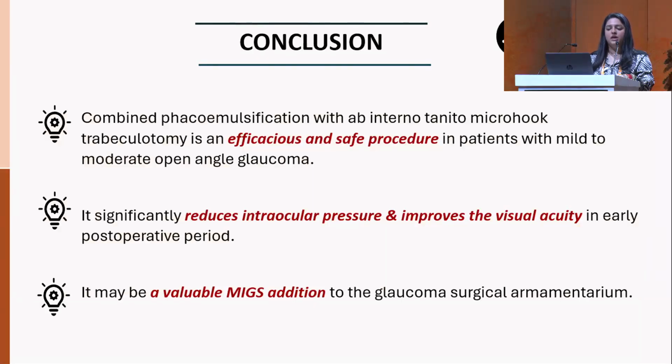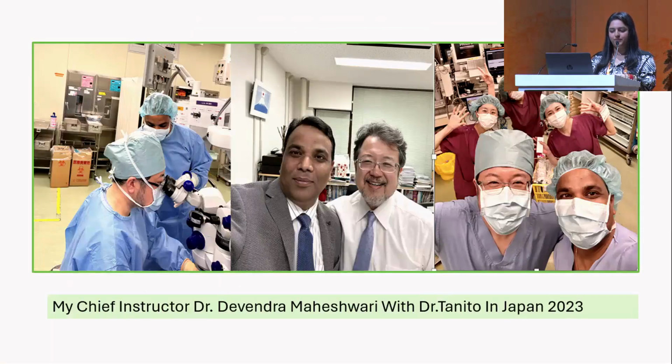To conclude, combined phacoemulsification with ab interno microtrabeculotomy is an efficacious and safe procedure in patients with mild to moderate open-angle glaucoma. It significantly reduces intraocular pressure and improves visual acuity in the early postoperative period. It may be a valuable MIGS addition to the glaucoma surgical armamentarium.